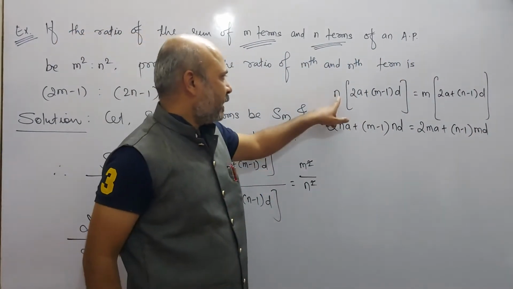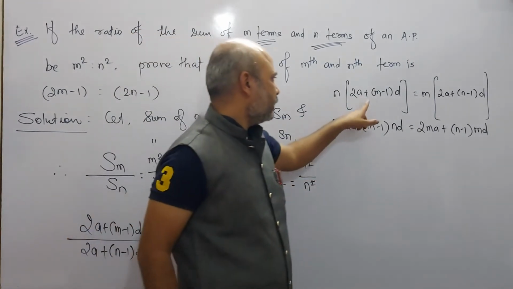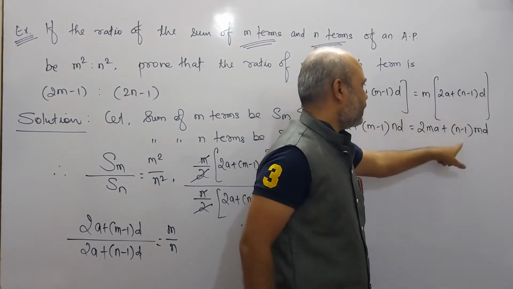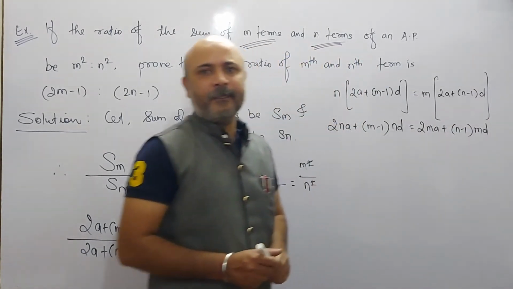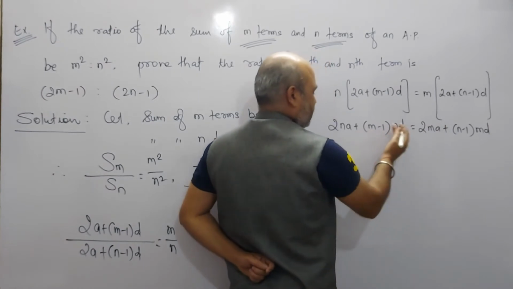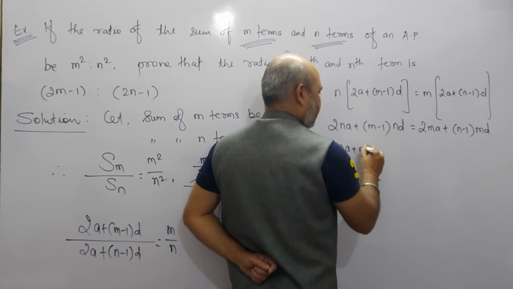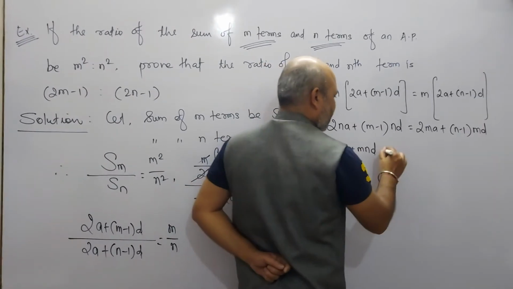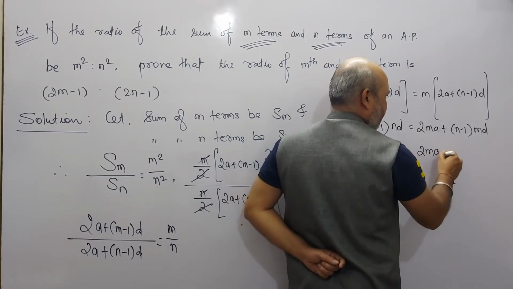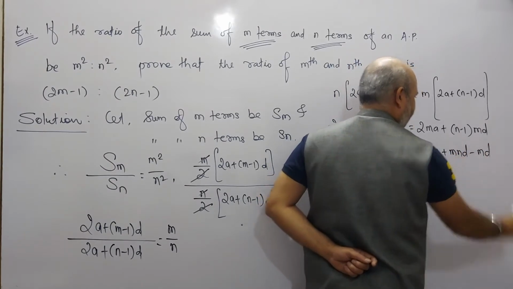So you multiply this n with the first term, so you will get 2na plus m minus 1 into nd, and this is equal to 2ma plus n minus 1 into md. Clear? Yes. Now just simplify further. So 2na plus mnd minus nd, and this is equal to 2ma plus mnd minus md.